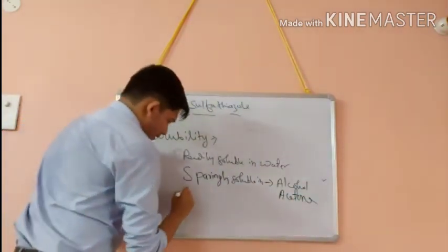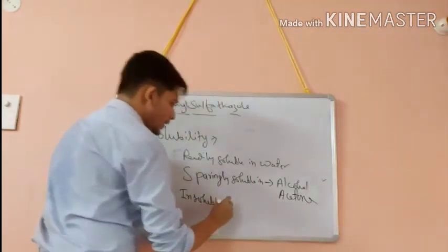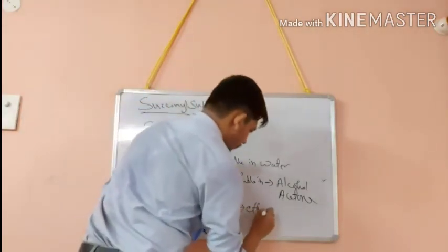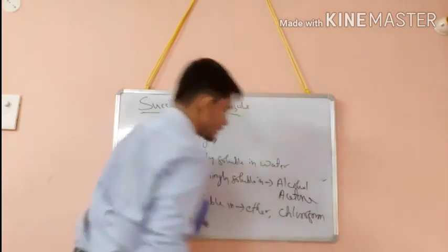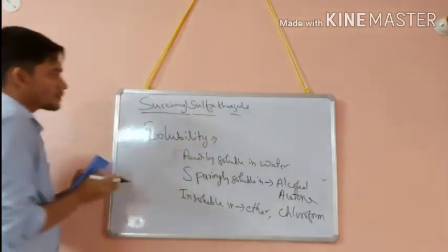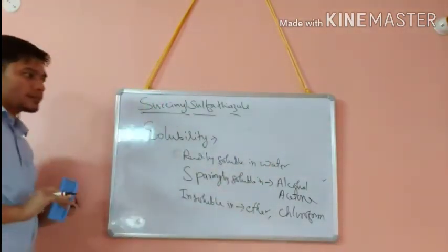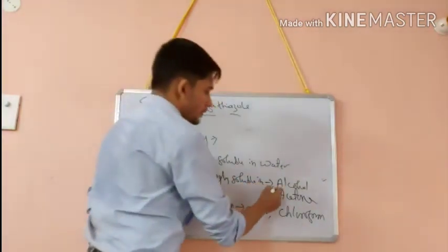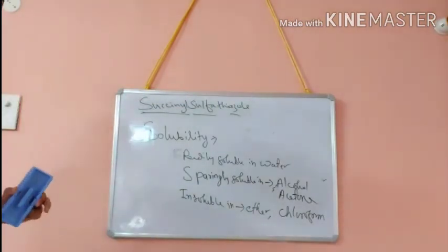Okay, it is insoluble in ether and chloroform. Okay, so this is about the solubility. So the solubility profile of this succinylsulfathiazole is like this: it is readily soluble in water, so it is quite easily soluble in water. Then it is sparingly soluble in alcohol and acetone. Okay, then it is insoluble in ether and chloroform.